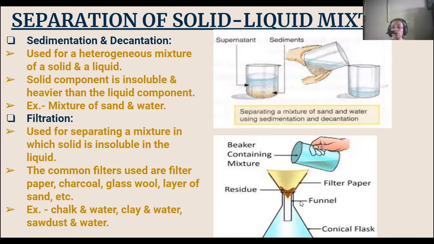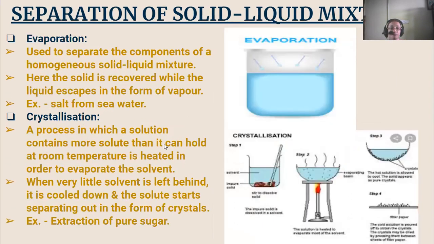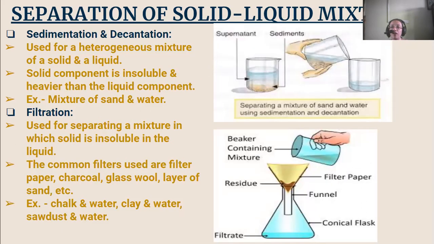And the liquid will flow through this filter paper and collect in another conical flask, and that will be called the filtrate. This is how the filtration process is done.